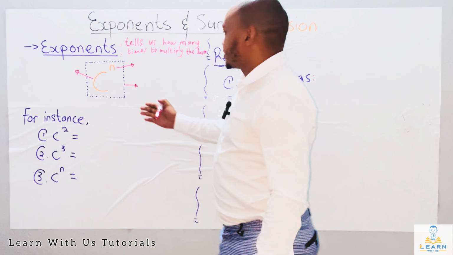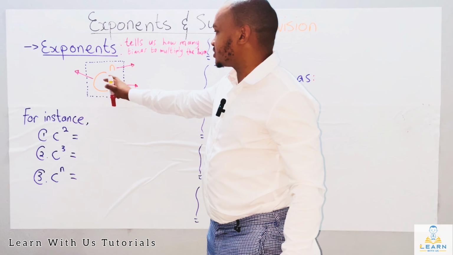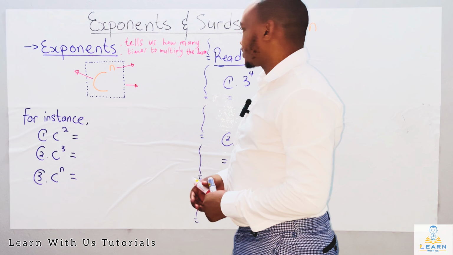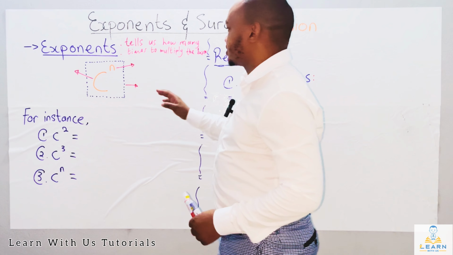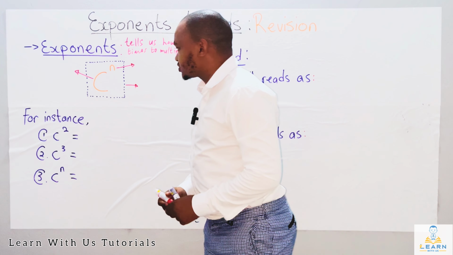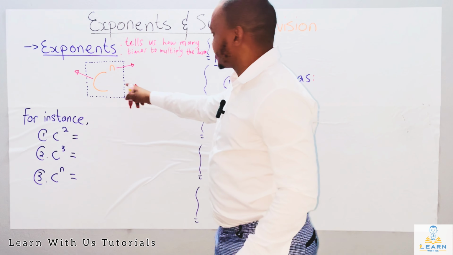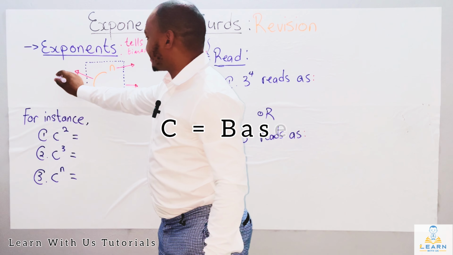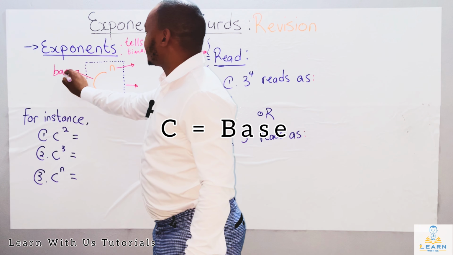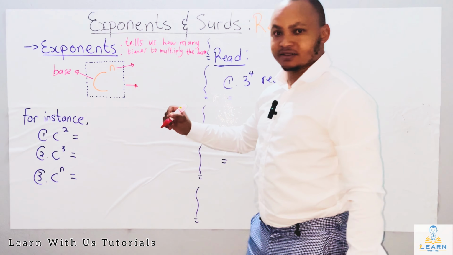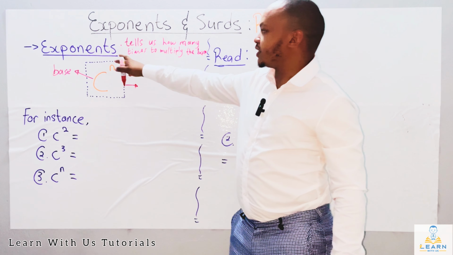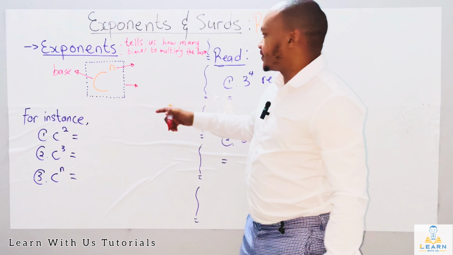Here what we see is c to the power n, or c to the exponent n. That's how we read this. With c to the power n, our c here is our base, the base that we referred to when we defined what an exponent is.